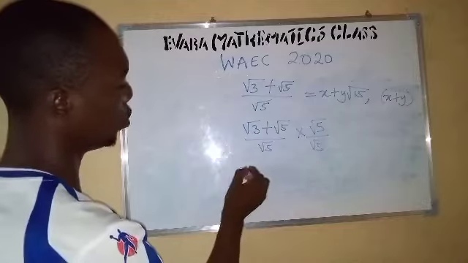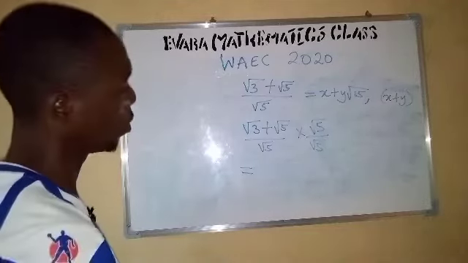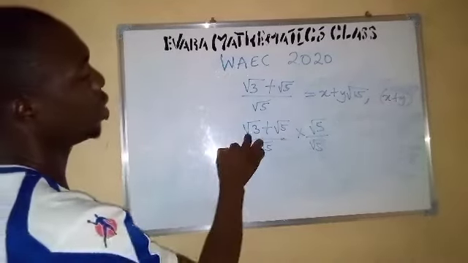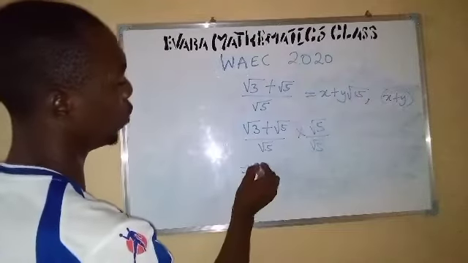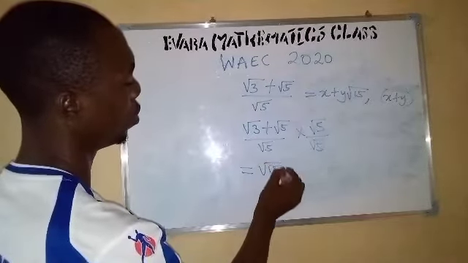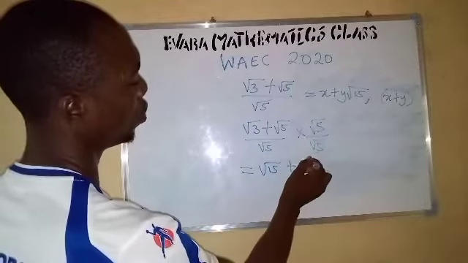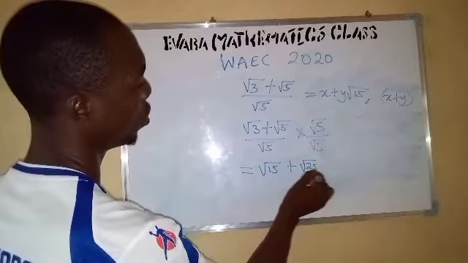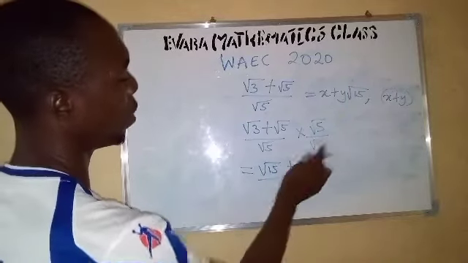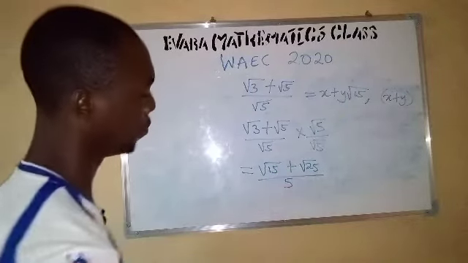So if you multiply now, root 3 multiplied by root 5 will give us root 15. Root 5 multiplied by root 5 will give us root 25. Root 5 multiplied by root 5 is 5.